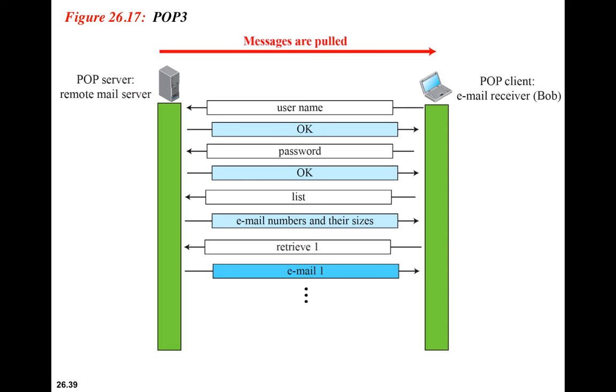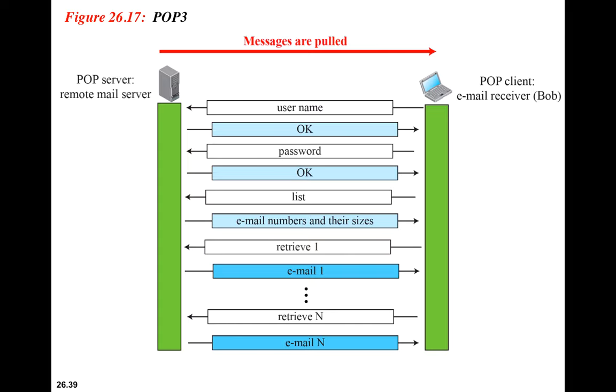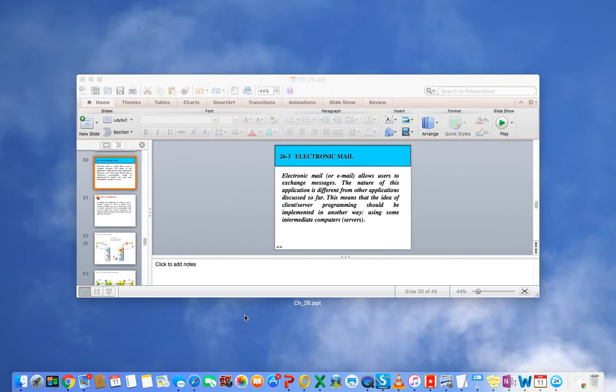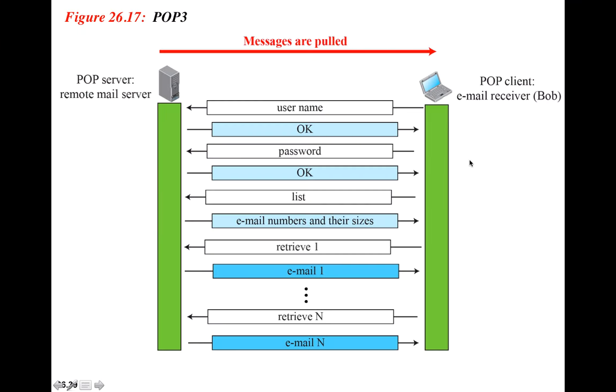So one by one, all emails will be retrieved and stored on Bob's email client, after which Bob can read those emails. So this was about POP3.